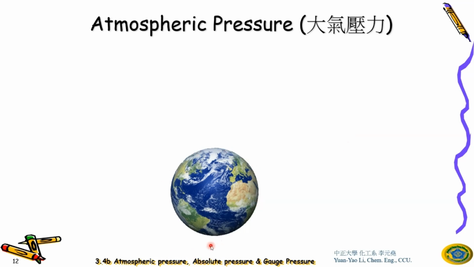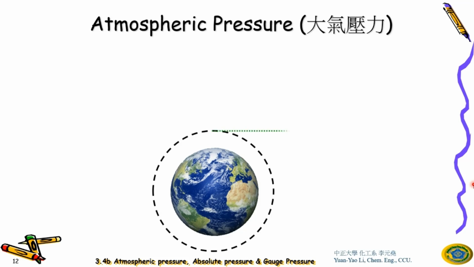This is our planet. This is Earth, right? So we have some air surrounding this planet, this Earth, right? And outside of this dashed line, there's no air in this place. Why? Because the gravity is not strong enough to attract molecules or gas to reach this area.